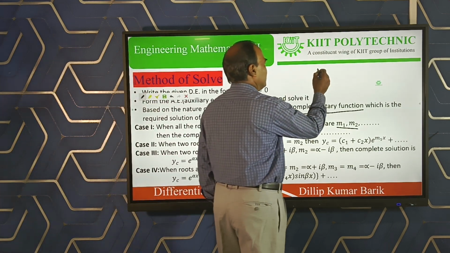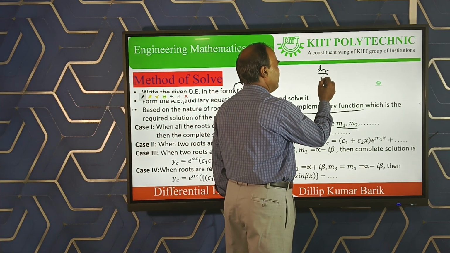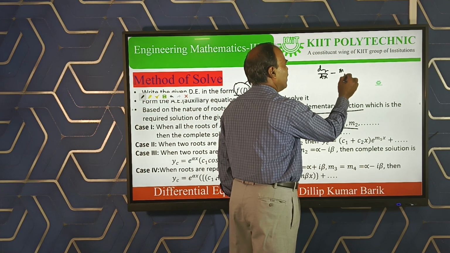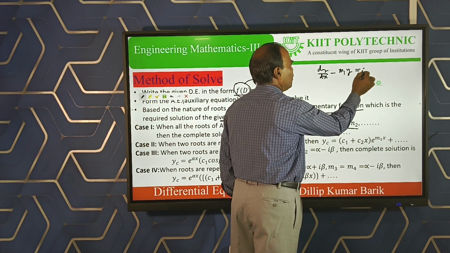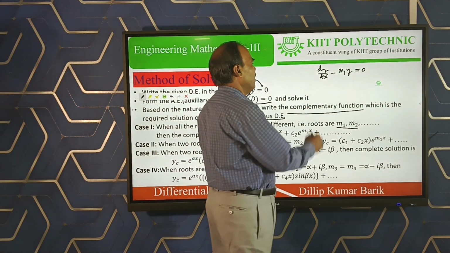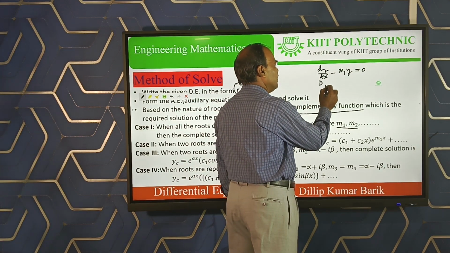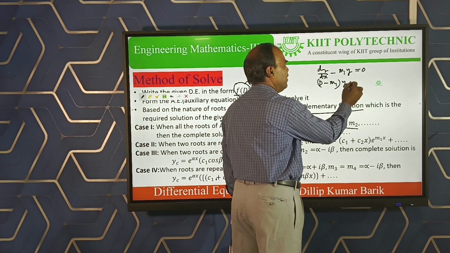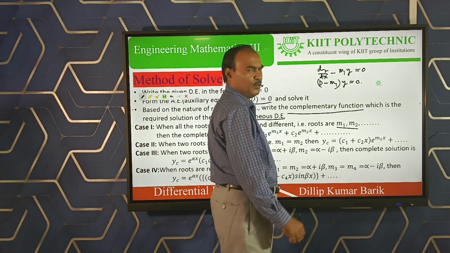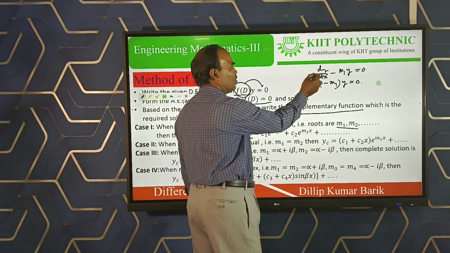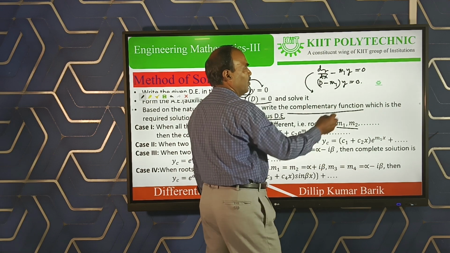Suppose I write a differential equation dy/dx plus m1 y is equal to 0. Clearly this is a linear differential equation, and its corresponding symbolic form is (D minus m1) of y equal to 0. So our question is, what is the solution of this differential equation?